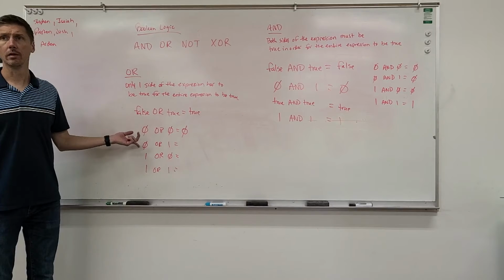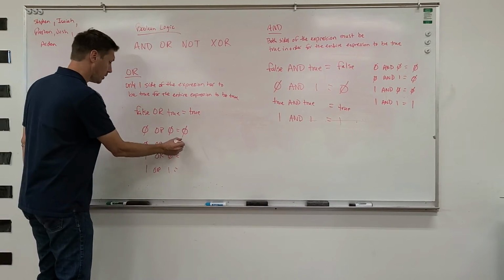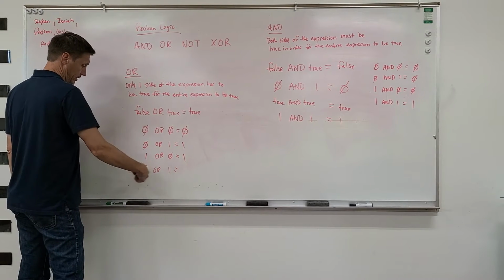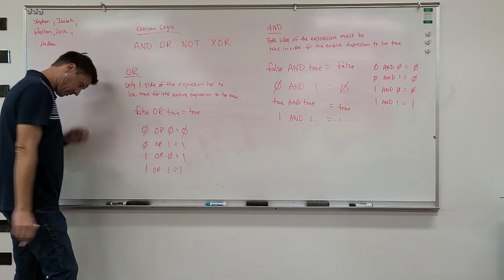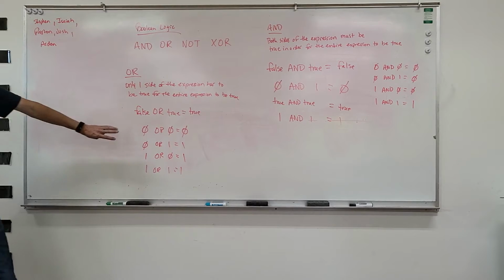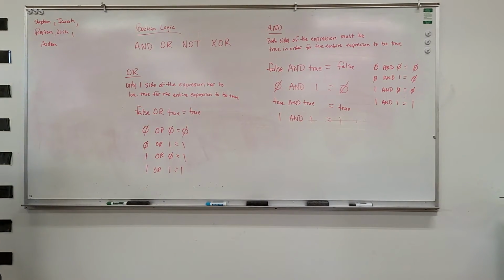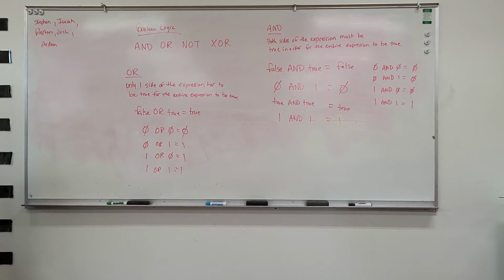What's 0 or 1? 1, right? Because one side was 1, so only one side has to be 1. Same thing here, it's going to be 1. Here it doesn't matter, as long as one of them is 1, it's always going to be 1. So you see how it sort of flips when you're dealing with ands. Only the last example is 1. When you're dealing with ors, only the first one, where both of them are zeros, do you get a 0.